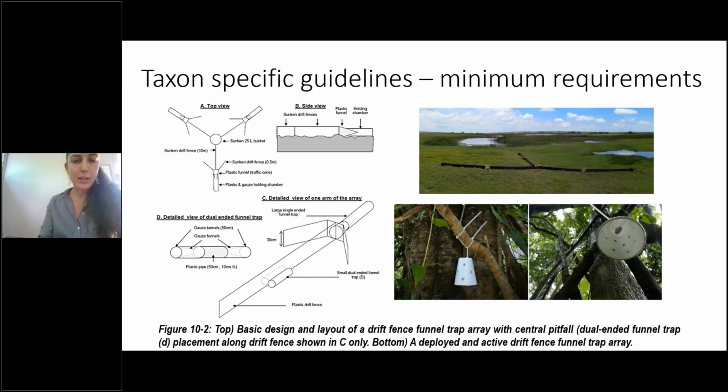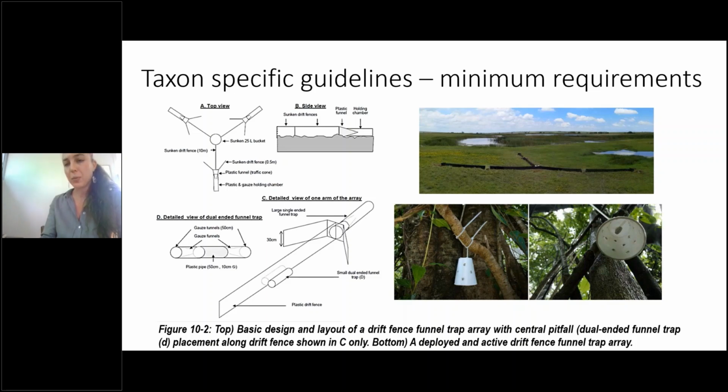So just here, one small example of how it's appropriate to trap reptiles, how long these kinds of traps need to be out, and we give very clear guidance for what is expected. Right throughout the guideline, we are clear about what's a minimum requirement and then what's best practice.